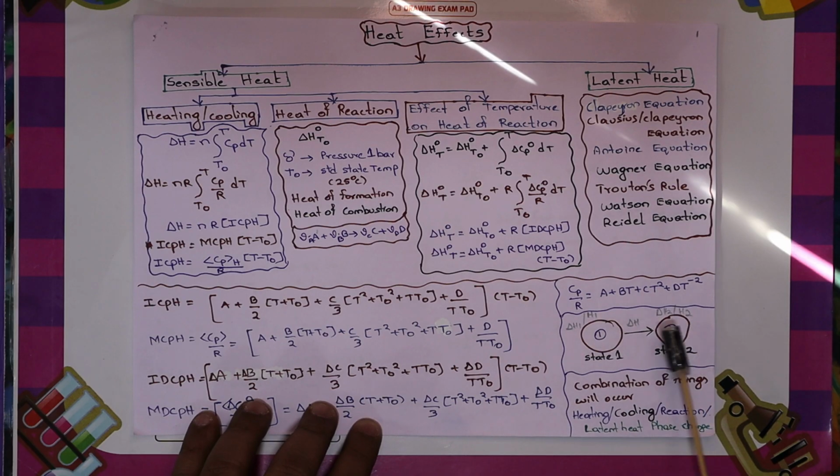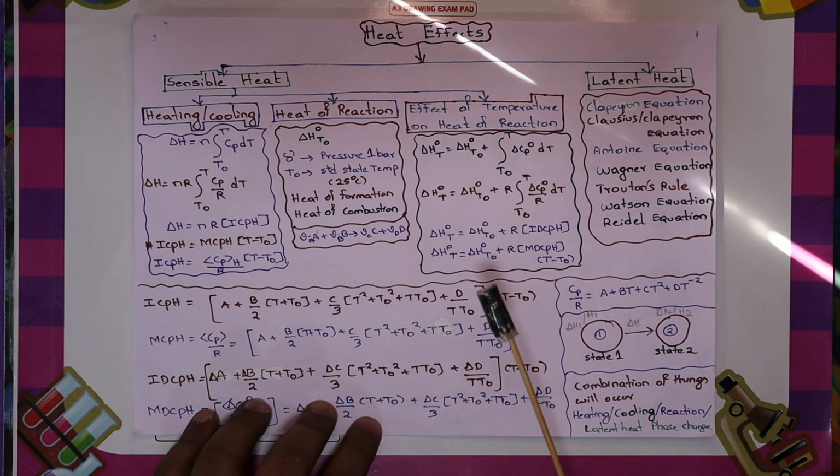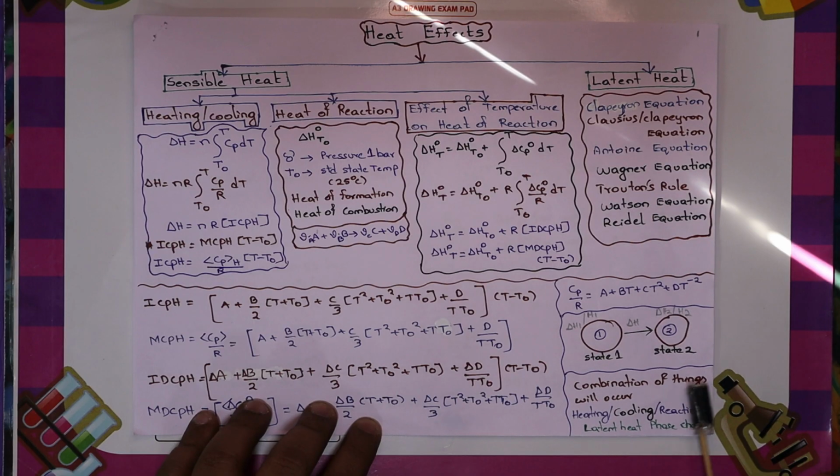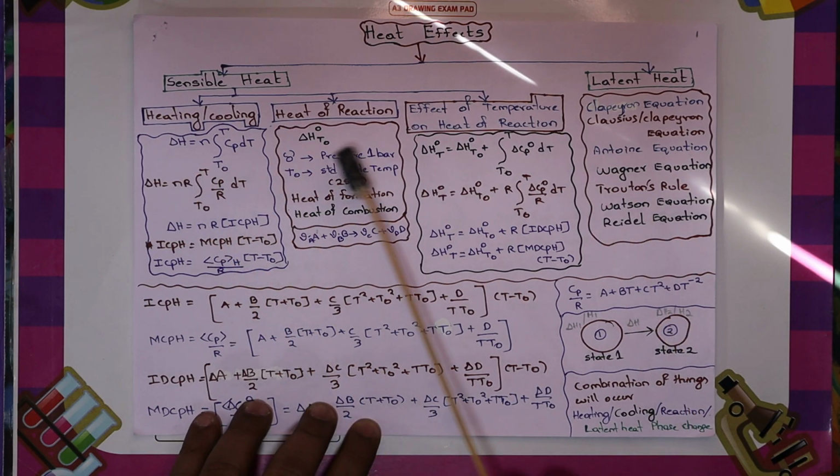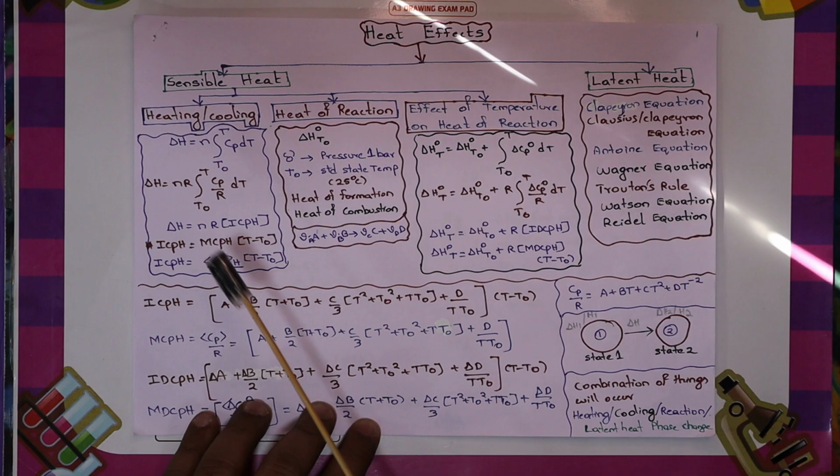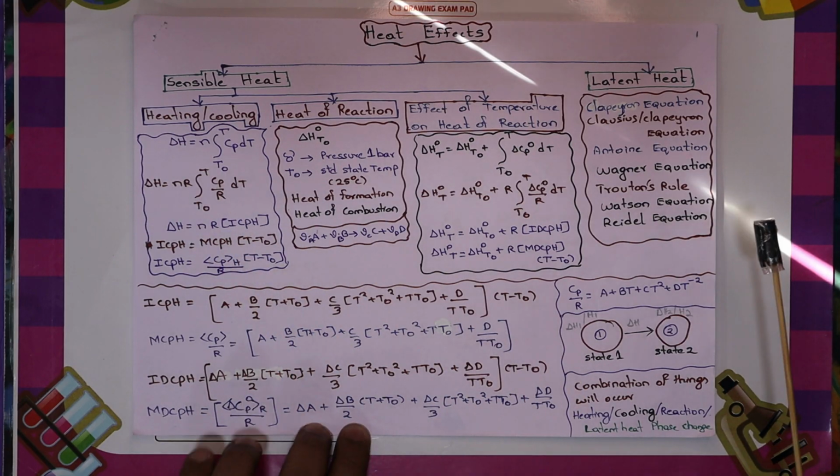There might be a heating process, a cooling process, a reaction process, or a latent heat process, sometimes a combination of these. In such cases, where to start and what equations to use, this will give you a glimpse of things.